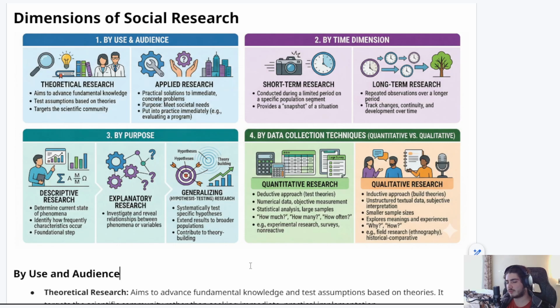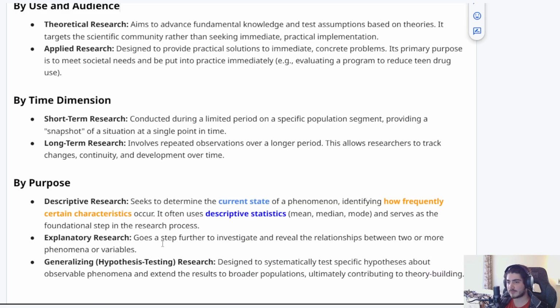But in qualitative research, you go and you interview people, you talk to the humans, if you're doing a research on cats, you sit down with a cat and do stuff with it, just talk to it, maybe give him a survey. It's unstructured textual data. It has subjective interpretation because it's not maths. This is more often used in the social sciences, the thing that we are actually studying.